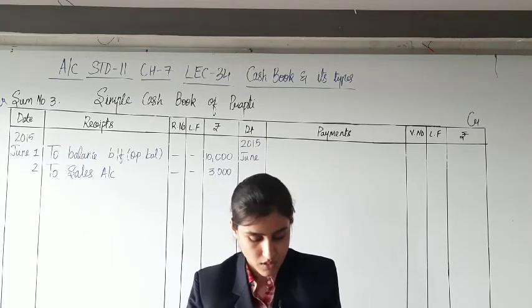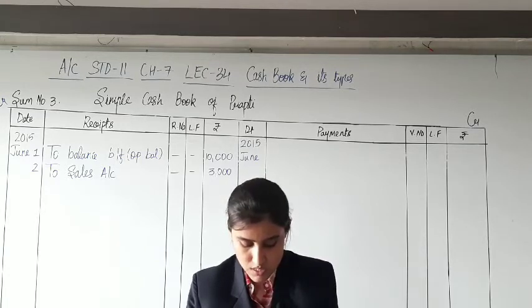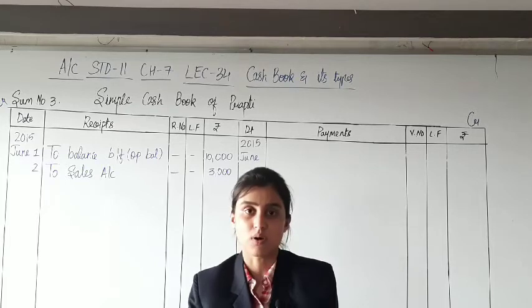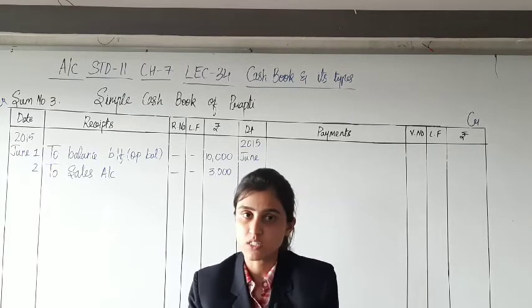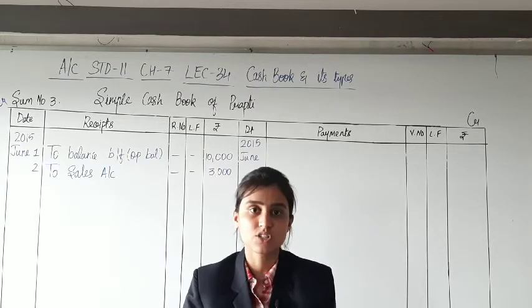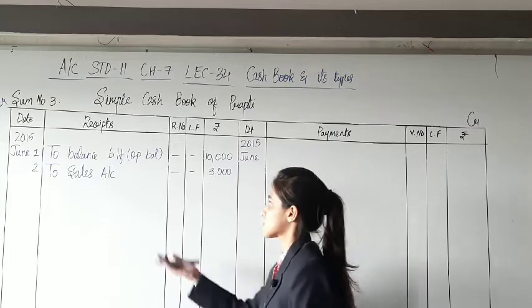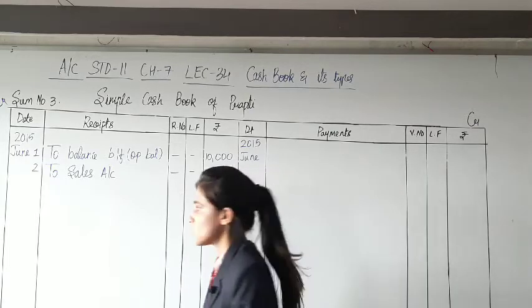Next, on 3rd of June, cash of rupees 2,000 brought in the business as more funds are required. This is an investment, and it is clearly written that cash is brought in the business. Cash comes in, so receipt side on 3rd of June.